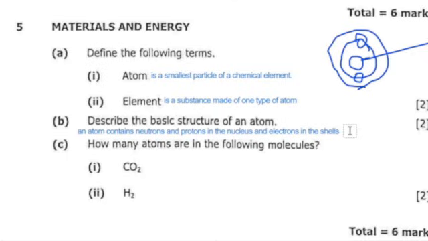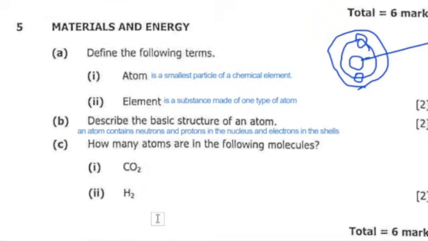That's the basic structure of an atom. Since it's 2 marks here, the markers would look for neutrons, electrons and protons. That's how you describe. If he gives you a tick, I'm sure he's going to offer you even 2 marks.